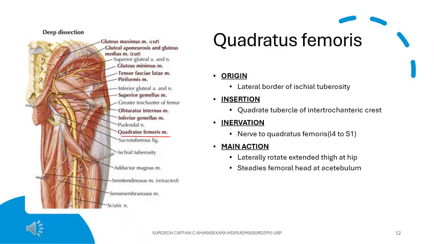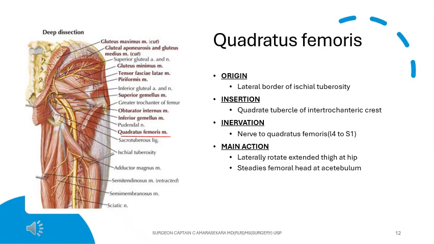Functionally, the quadratus femoris is a strong lateral rotator of the thigh at the hip, and it also contributes to abduction. More importantly, it helps stabilize the femoral head within the acetabulum, particularly during weight-bearing and dynamic movements.